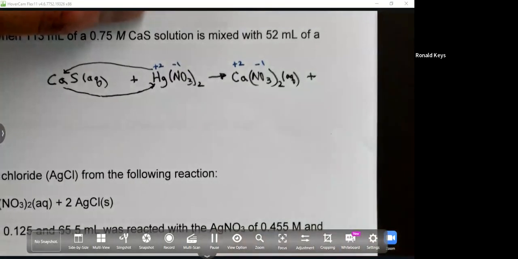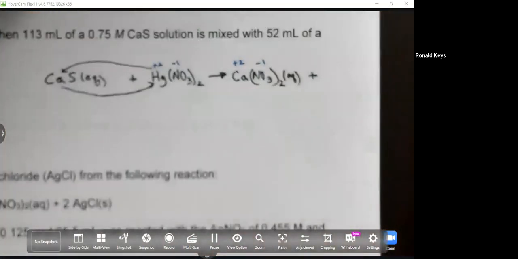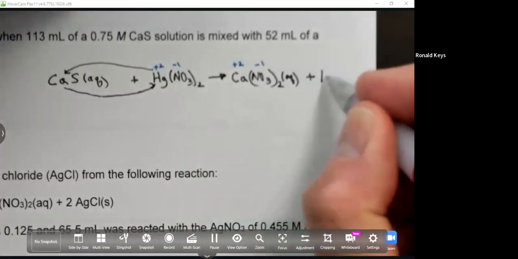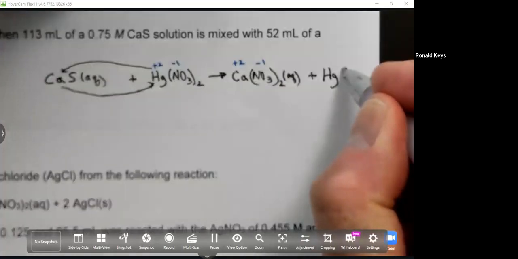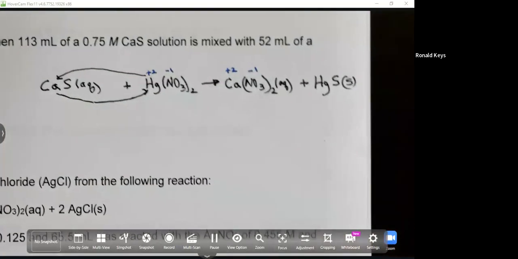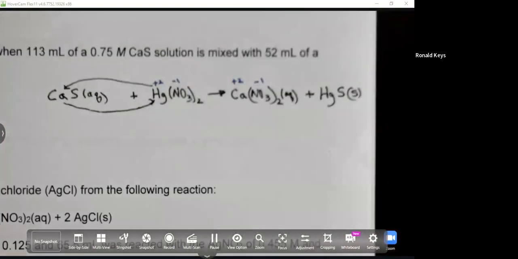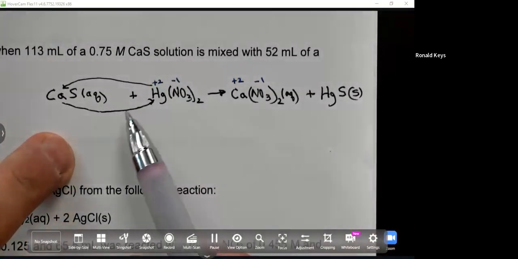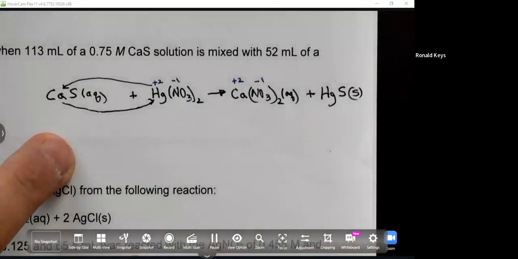Nitrate's a -1. I didn't just carry these two nitrates over. It's plus because calcium is +2. Then we are going to get HgS solid. This looks to be balanced.